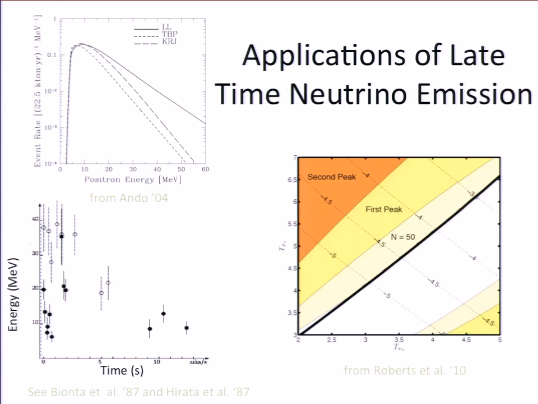So in addition to direct detection, there are a couple other things that this late-time neutrino signal might significantly affect that might be observable. So there's also the diffuse supernova neutrino background. Integrated over the entire star formation history of the universe, a lot of neutrinos have been emitted in core collapse supernovae. And so there's some hope that you could observe this diffuse supernova neutrino background with next generation detectors.